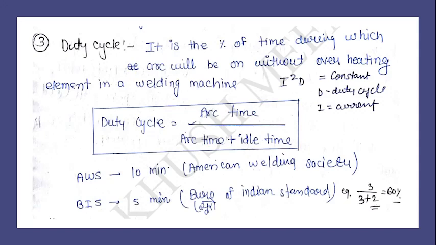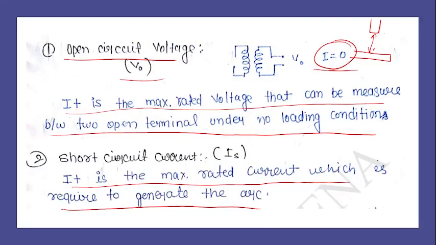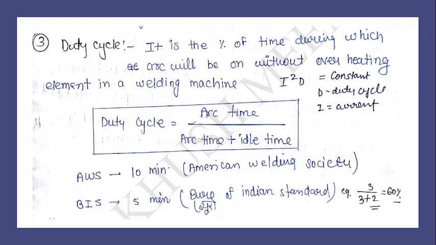That means at open circuit voltage, at no load condition, there will be no arc, right? But whenever the short circuit is there, the arc will be generated. So your duty cycle will decide the effectiveness of your welding process. The time there is an arc will be called arc time, and the other time where there is no load will be called idle time.